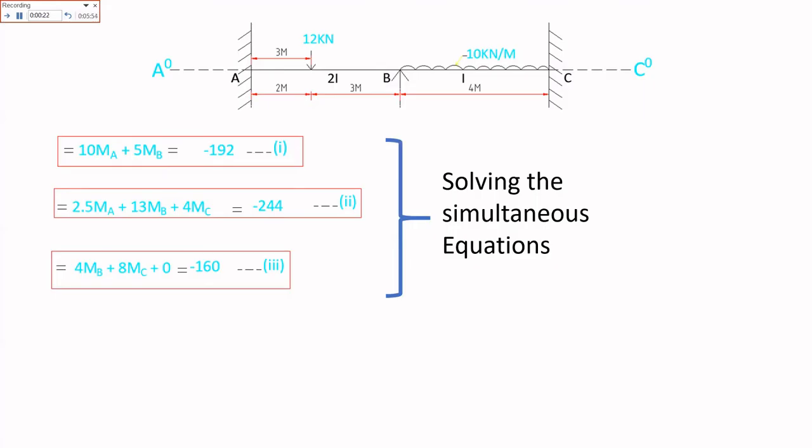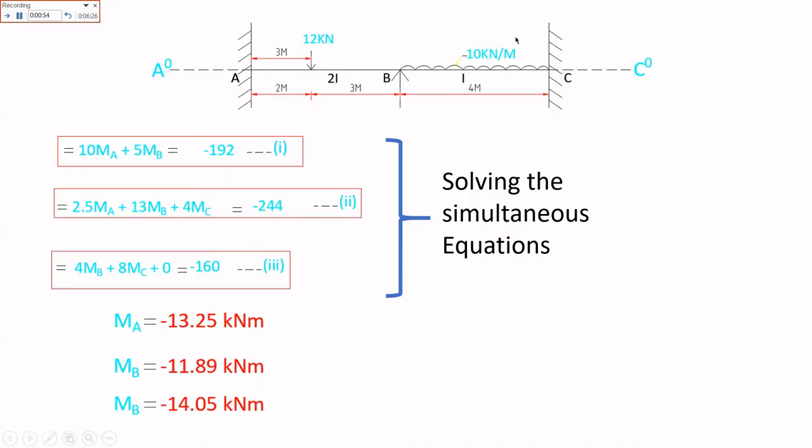If you solve this simultaneous equation, you'll get the values. You can either use the elimination method or the substitution method, whichever method you are comfortable with. I'll go straight to the answer. If you solve that simultaneous equation, you'll get that MA is negative 13.25, MB is negative 11.89 kilonewton meter.